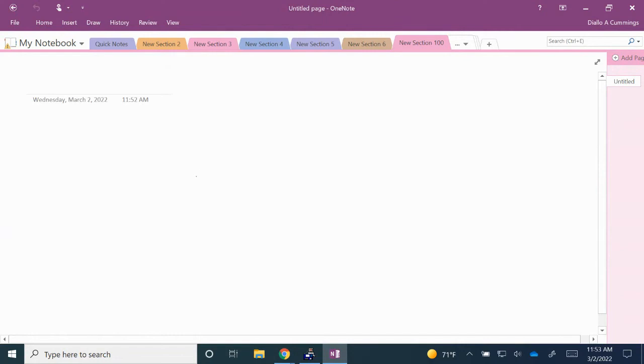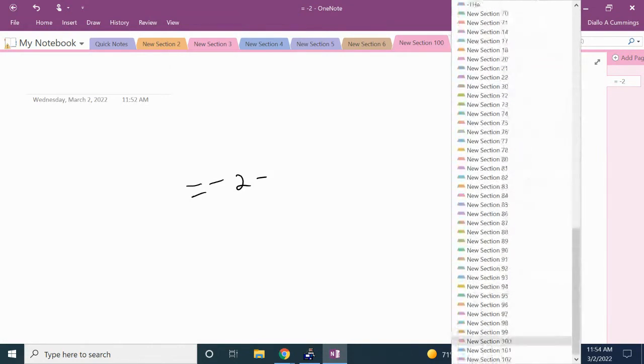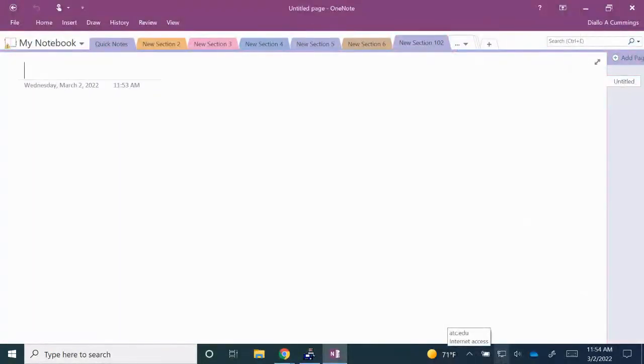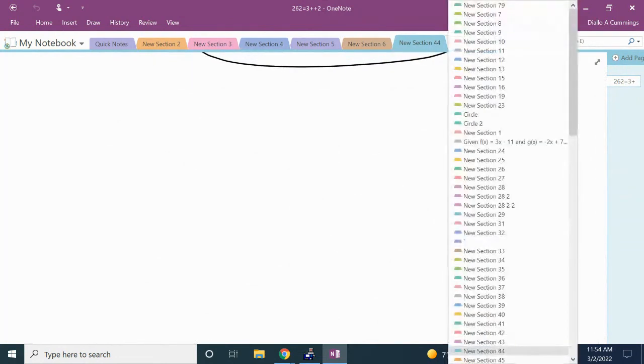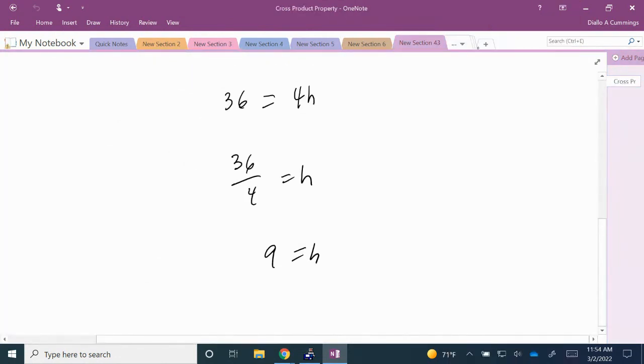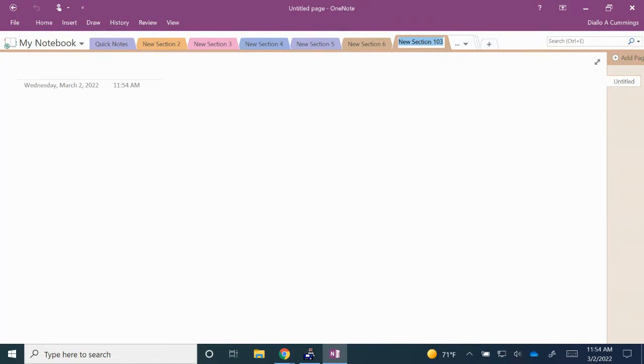Sorry about that, but I believe it was negative 2 minus, was it the square root of 3? I apologize for this. I believe it just crashed and deleted the entire page I was working on. All right, so that was the tangent of 105, I believe.